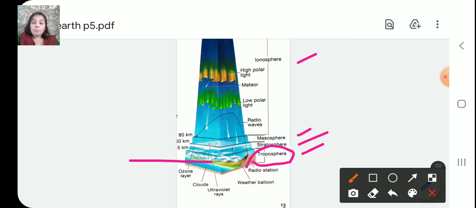Even the aeroplanes fly in the outer edge of the troposphere. The stratosphere, mesosphere, ionosphere and exosphere lie above the troposphere. So this is the troposphere, and life is there in the lowermost part of the atmosphere.